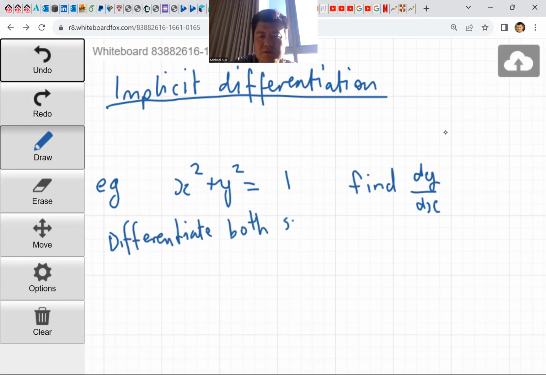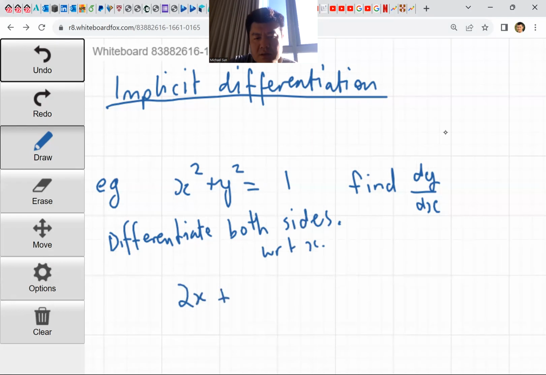It's an equation, so you can do the same thing to both sides, right? And so what you do is with respect to x, and what happens is the x squared becomes 2x. Now, what does the y squared become? We'll leave that for now, and then the 1 becomes a 0.